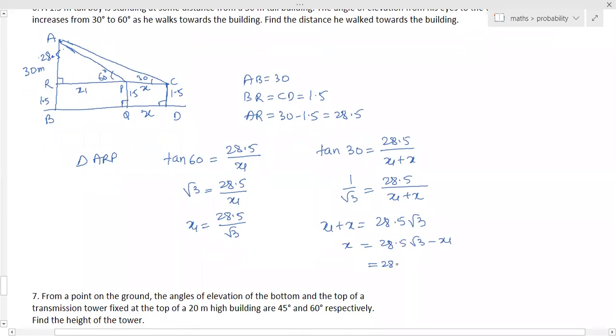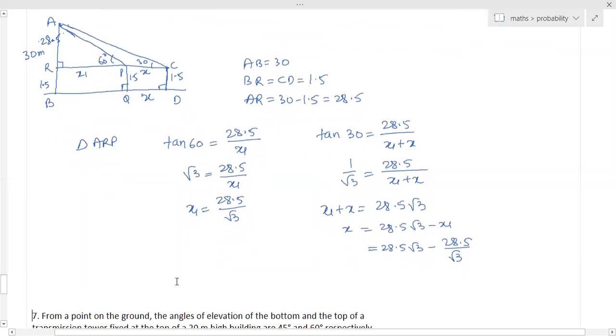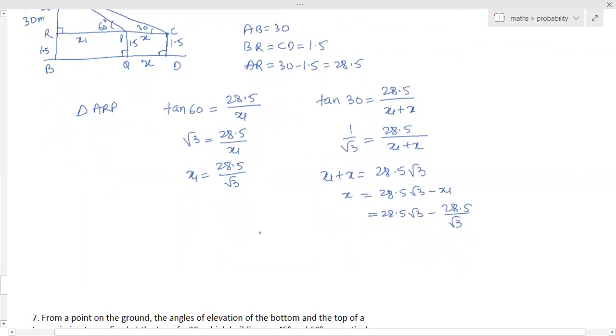So it is 28.5 root 3. x1 value we already calculated, 28.5 by root 3. Take LCM. 28.5 root 3 into root 3 is into 3, minus 28.5 divided by root 3.